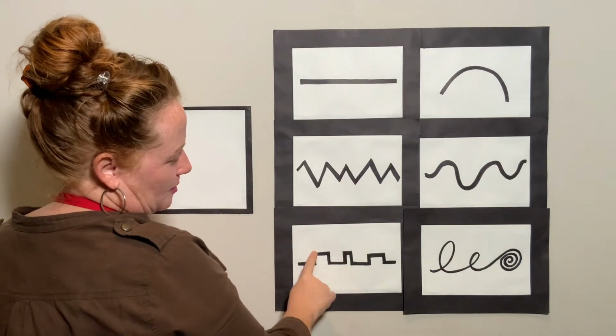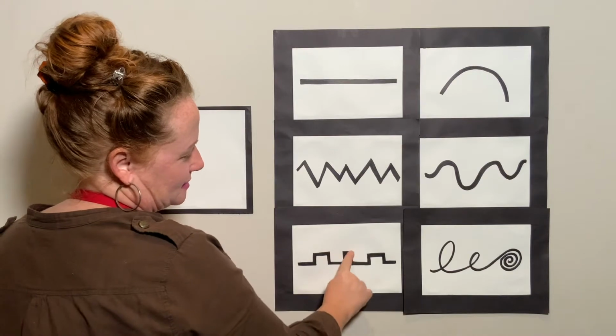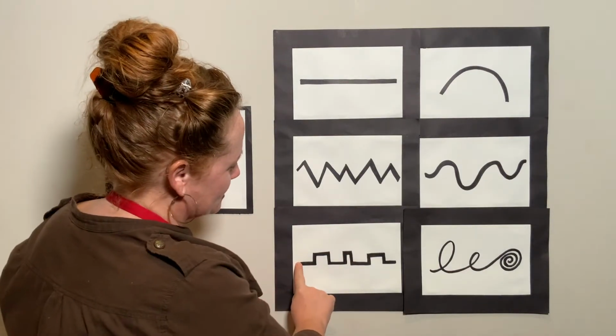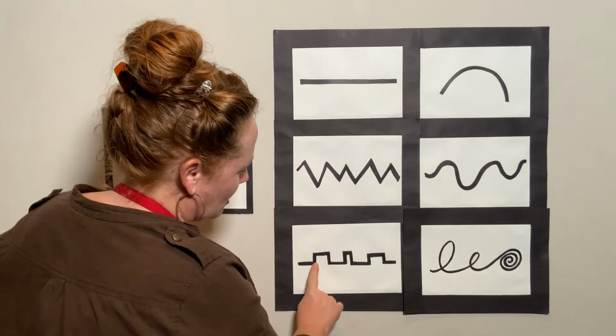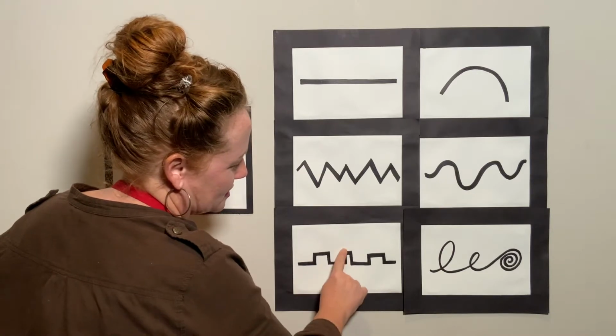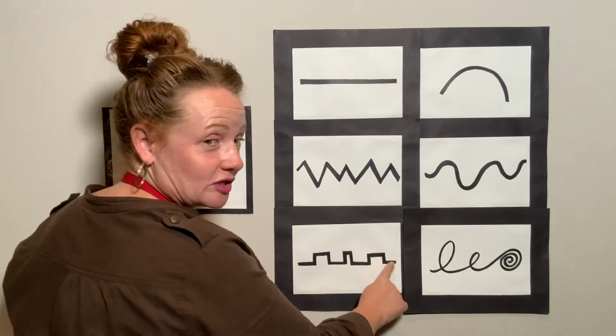These lines go up and down and side to side. See? So this is called a jagged line. Say that with me. Jagged line. So we have side up, side down, side up, side down, side up, side down. You can keep on going.